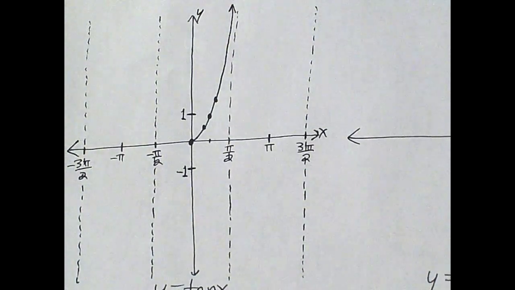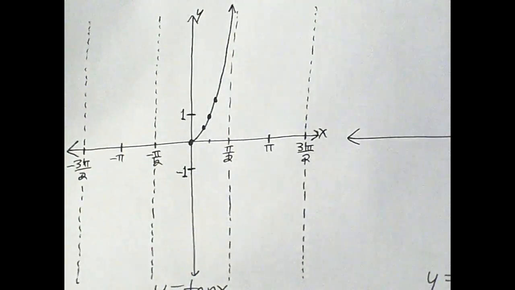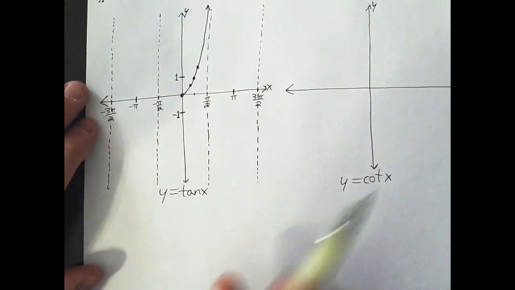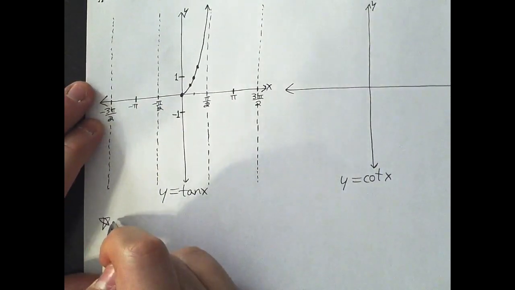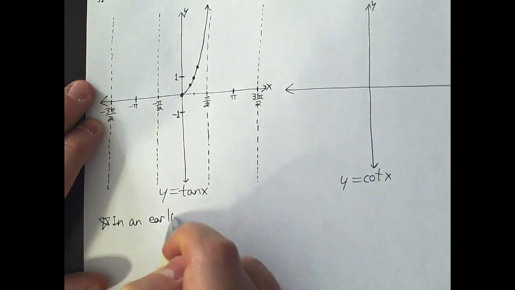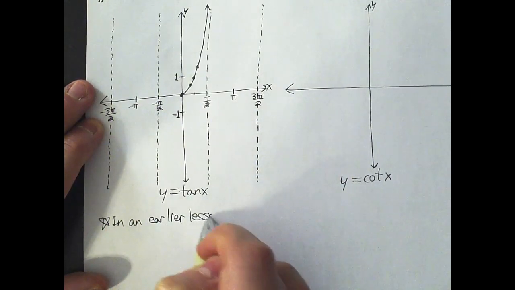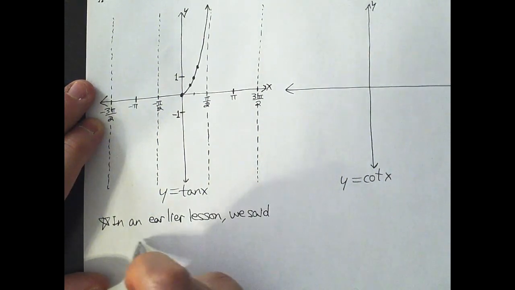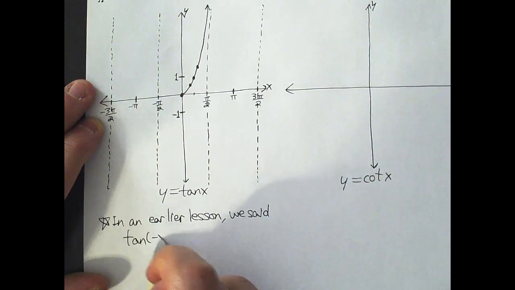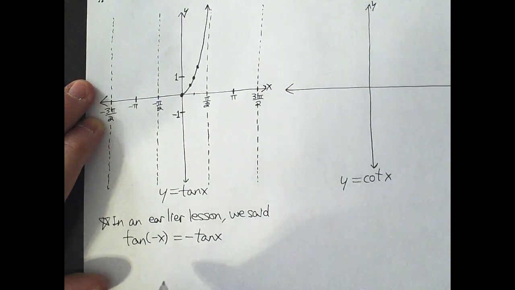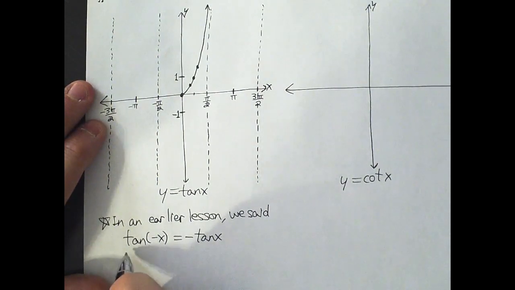Well, I found my notes, but my notes are a little messy, so I'm just going to write it again down here. All right. In an earlier lesson, you don't need to see my messy notes, I'll just write it again. We said that tangent of negative x equals negative tangent of x. Okay, for all x in the domain.